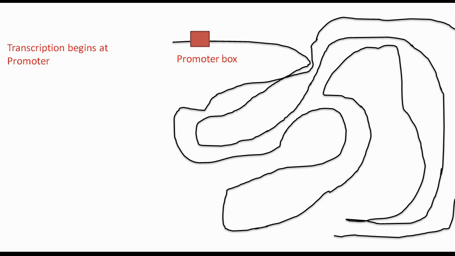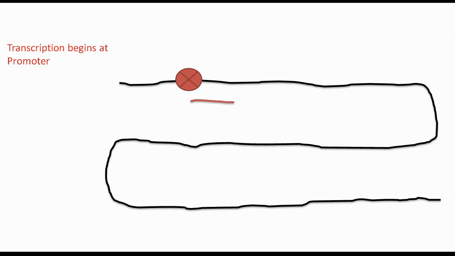In eukaryotic cells, the orientation of the promoter site is the CAAT box, whereas in prokaryotes the orientation of the promoter box is TATA, the TATA box. In prokaryotes it is called the TATA box, in eukaryotes it is called the CAT box, right? Don't forget it.